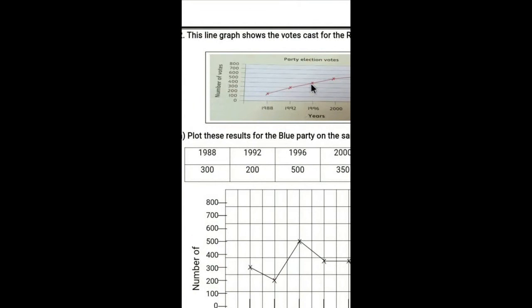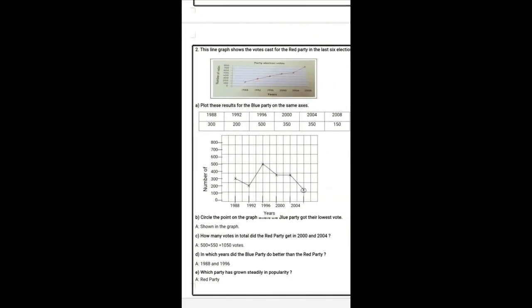Their number was like 400, but the other number was 500. Just compare them and you can find out 1988 and 96. Which party has grown steadily in popularity, continuously going up? It was up and down, but the red party steadily is going up. It means we can tell exactly the red party is the answer here.